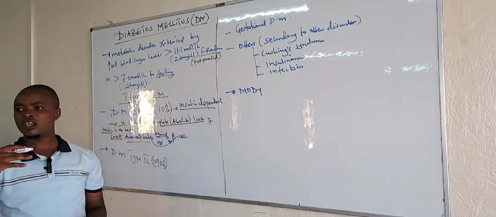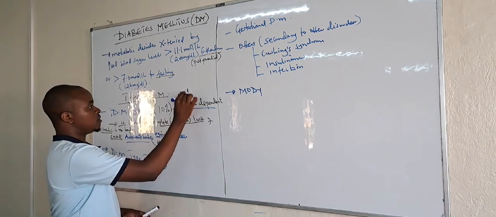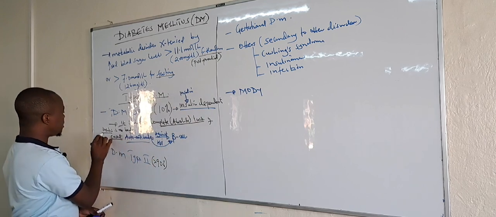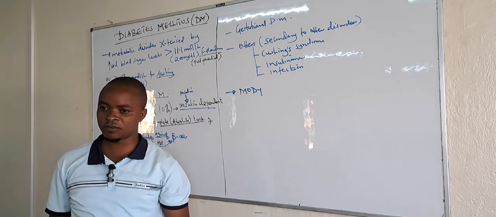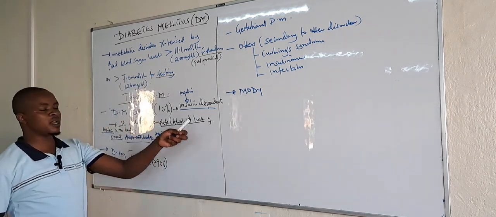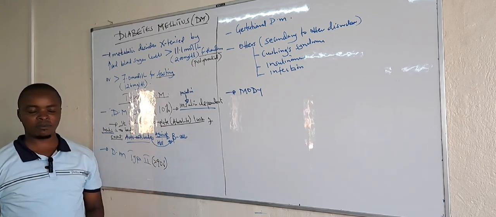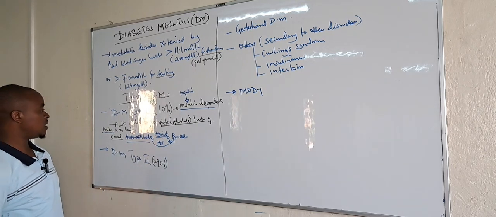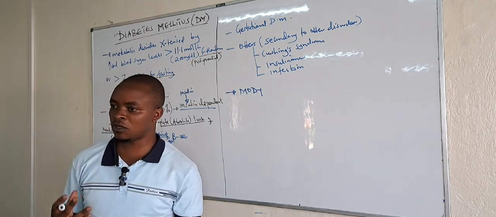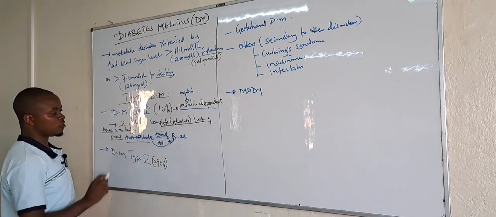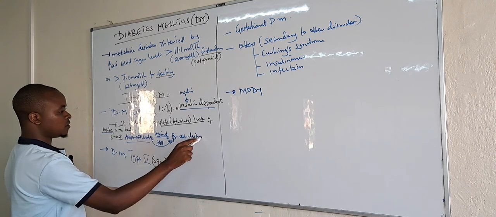Why? Because to treat this patient we need to give insulin, because the body is completely lacking insulin. So whenever they want to eat food, they must be injected with insulin. That's why you call it insulin-dependent diabetes mellitus, and it is an autoimmune disease, whereby autoantibodies are produced which come and destroy beta cells.